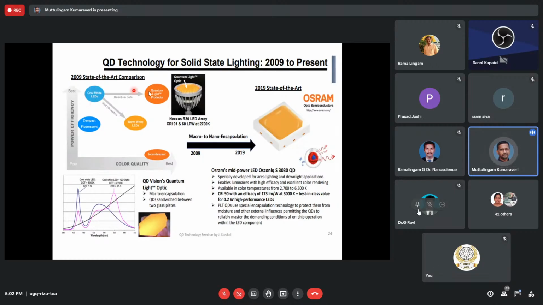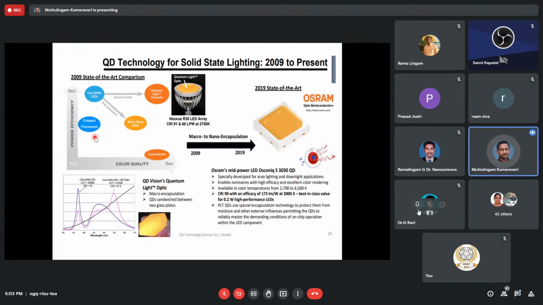When they use quantum dot filters, it gives the best power efficiency and also the color quality. They could get it easily using this quantum dot color filter. It satisfies both power efficiency and color quality.